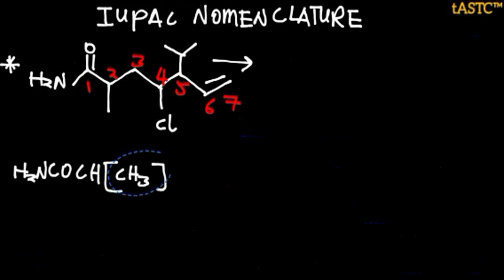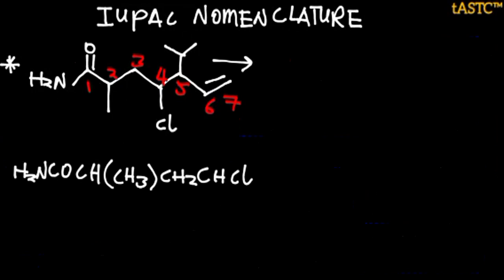Well, I think I'm going to reduce this. So this is a CH3. And here we got a CH2. And here we got a CH with a Cl. On this side there is also a CH. But we got something here.